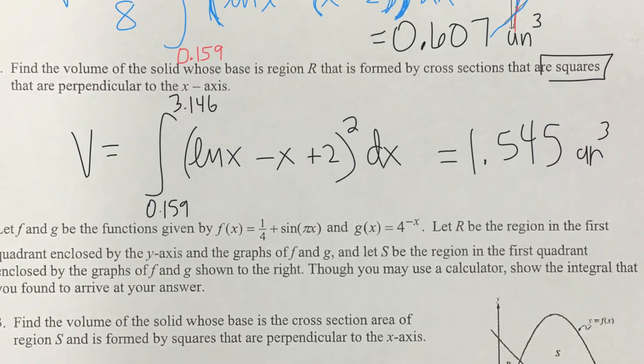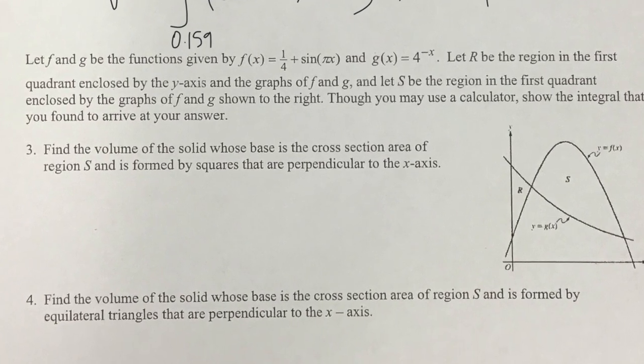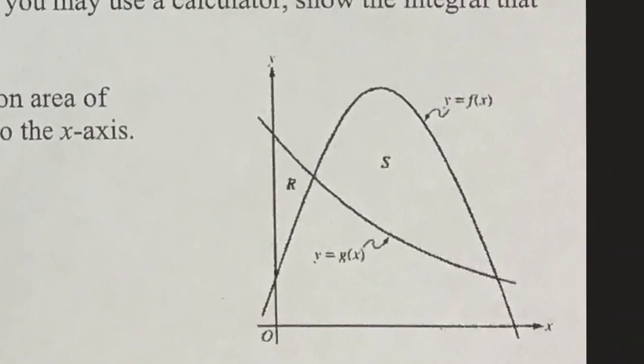Okay, so here we have another one, right, where we have two functions, and it has 2 points of intersection. So once again, we're going to use our calculator to figure out what this intersection point is, right? So we have A at 0 and then B, and then we're going to use our calculator and figure out what this one is also. Okay, so we're going to have two sections, right?